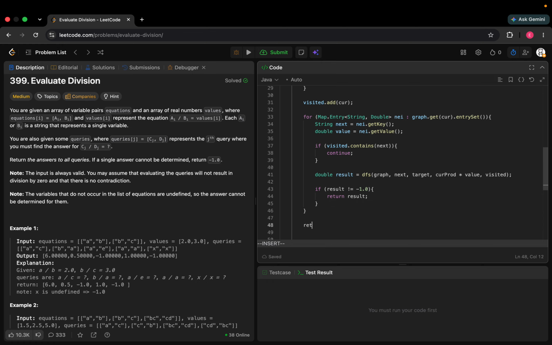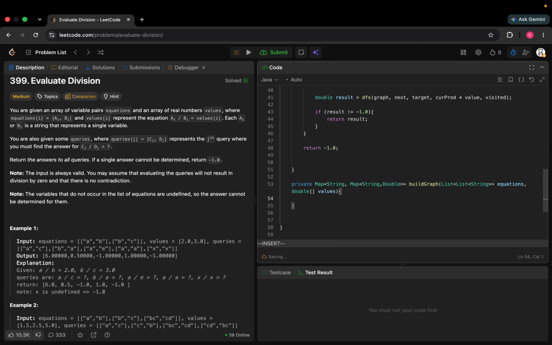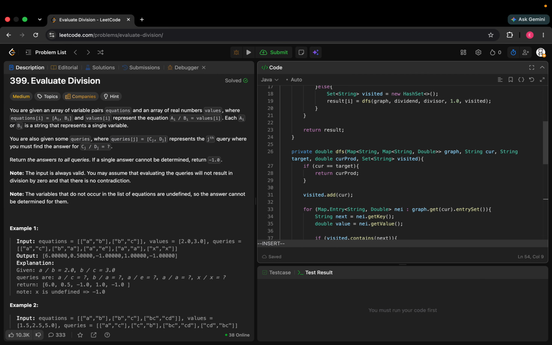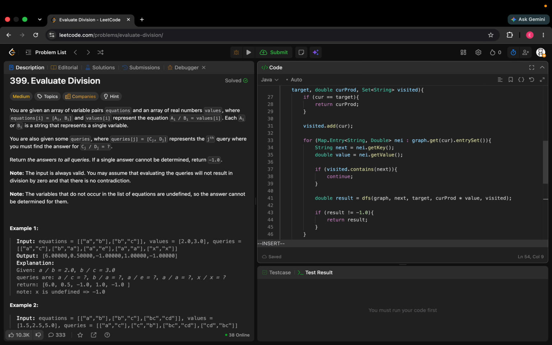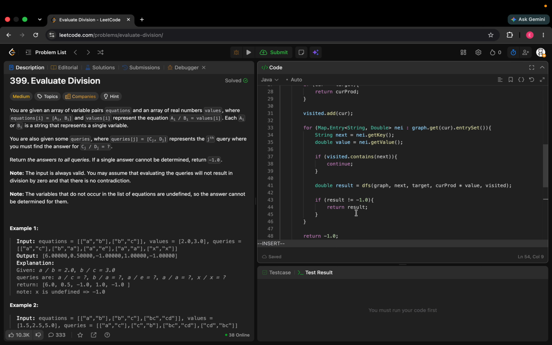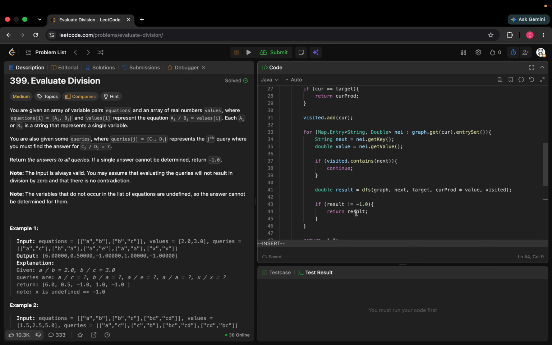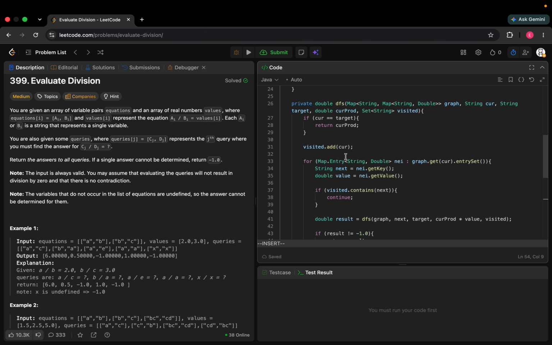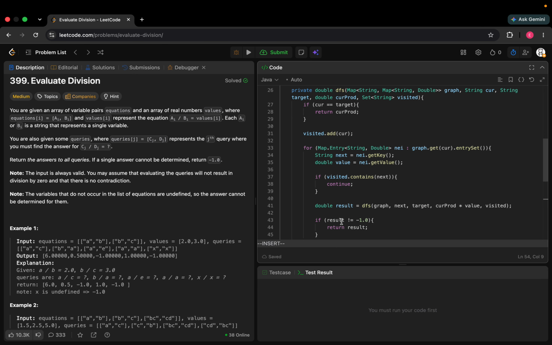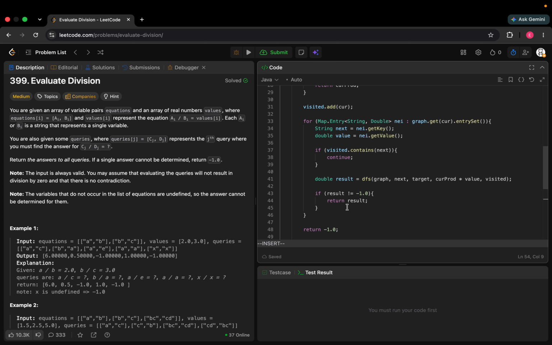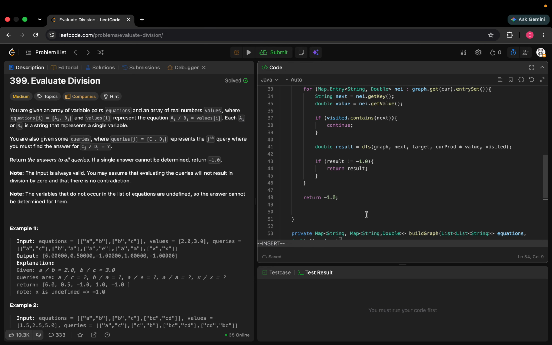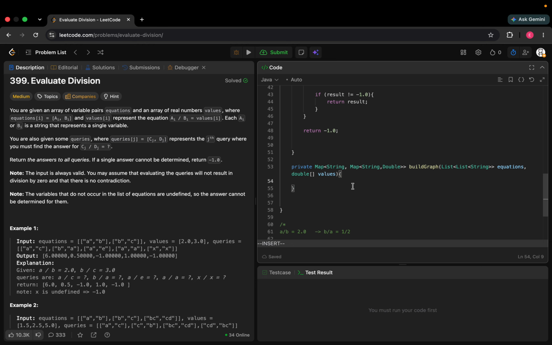Otherwise, which means we didn't find it. Yeah, for the next one here. Okay, so I think this DFS is already finished all the thing. Then return, yeah, if we return the product, we collect the results. For here, it means the result is -1, we keep continue. If not equal, which means we find one of them, so we can directly return it.